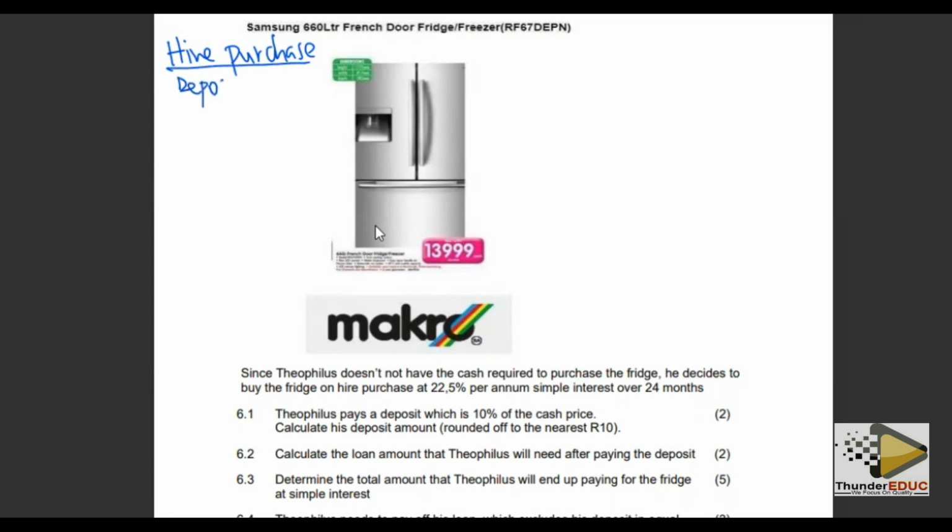After putting down the deposit, we have what we call the outstanding balance. Outstanding balance will equal the cash money minus the deposit.